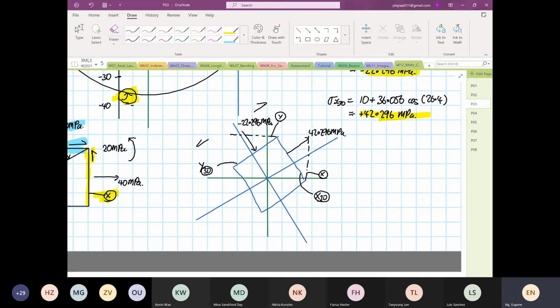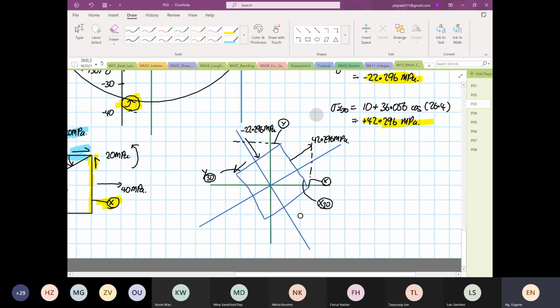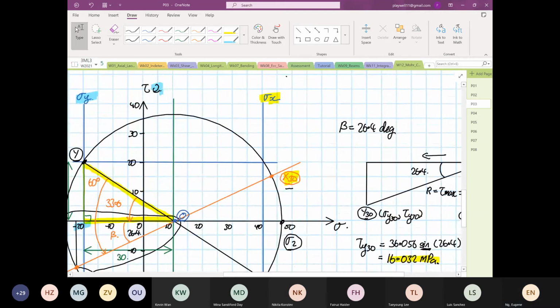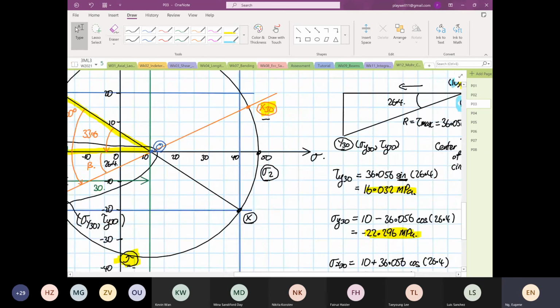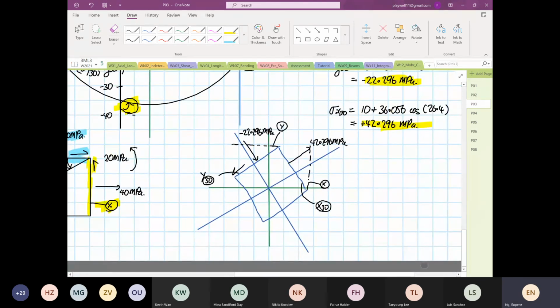The bottom one. Yep, so there is one side. Then if you look at x30, the element has to rotate in the clockwise direction, right? So for the element to rotate clockwise from x30, it has to come down here.